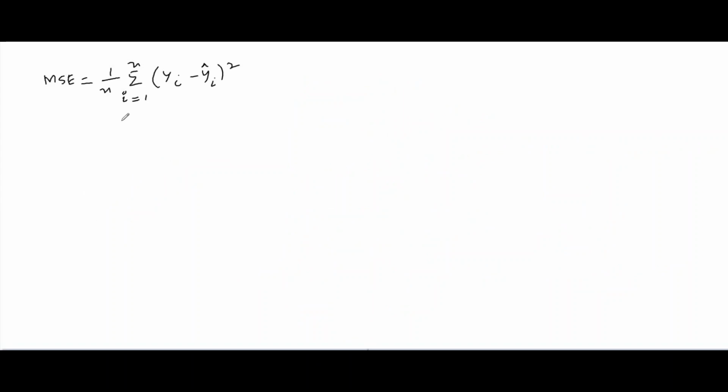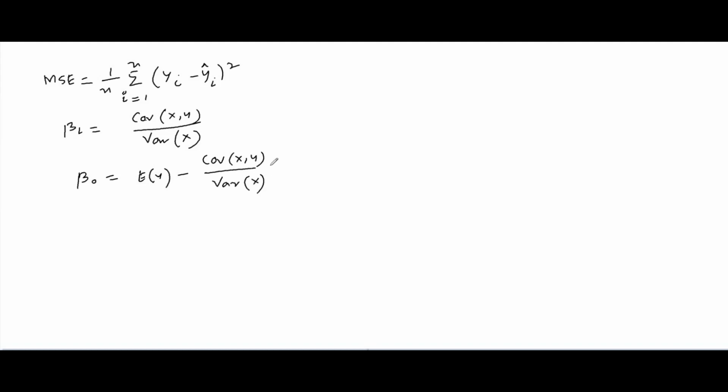So what we observed is that after taking the derivative, we find the values for b1 and b0. The b1 value will be the covariance of x and y divided by the variance of x, and b0 will be the mean of y minus covariance of x comma y over variance of x times the mean of x.